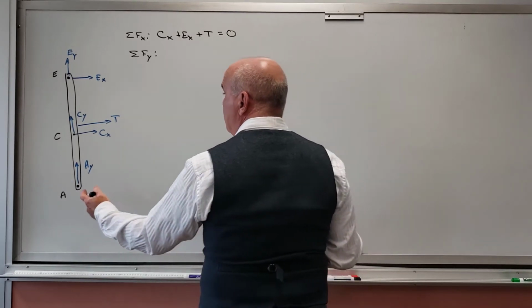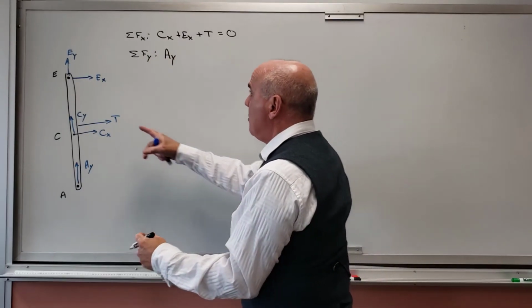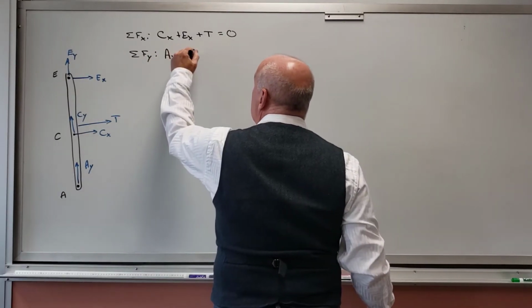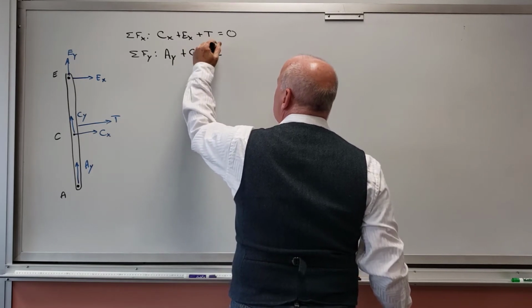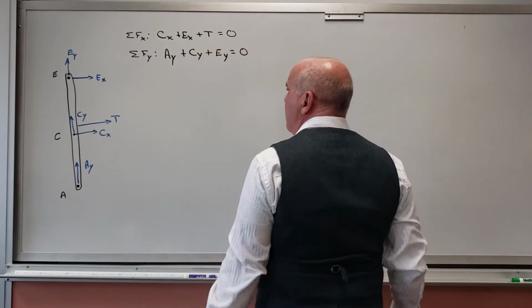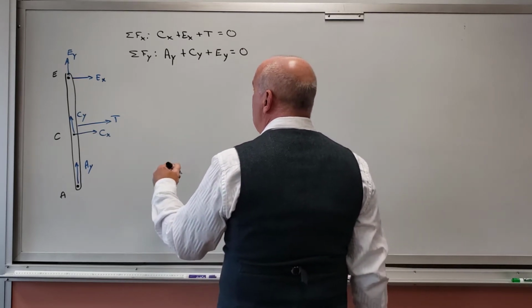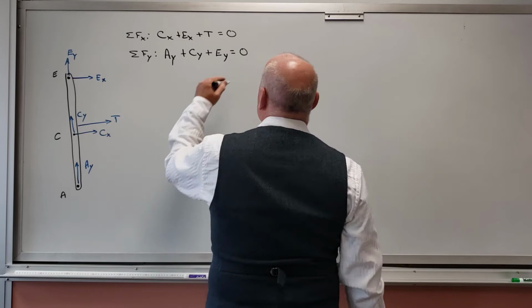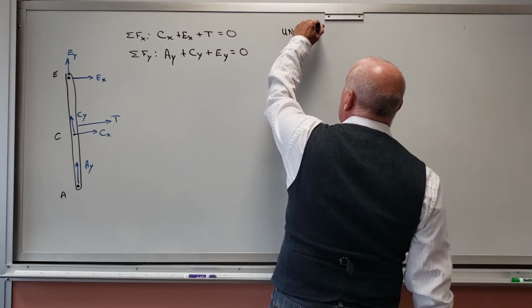And then sum of the forces in the Y, I have AY, but I know what that is, plus CY plus EY equals 0. All right, so there's my force equations. I like to list all my unknowns.